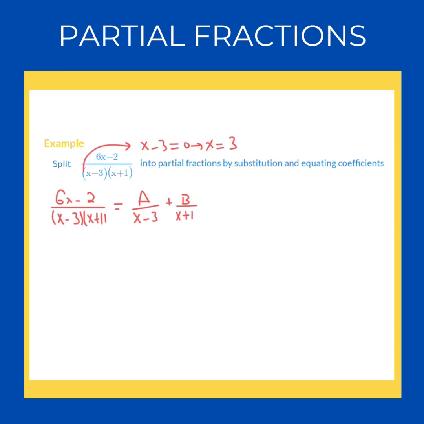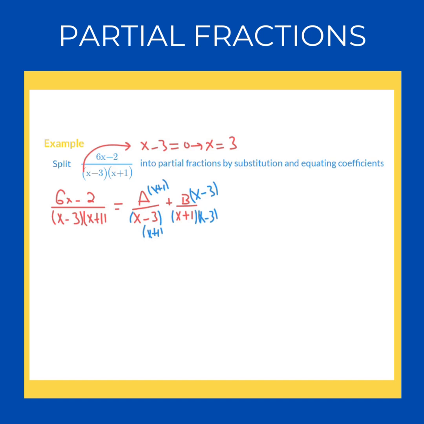I need to have a common denominator, so I'm going to multiply x minus 3 times x plus 1, and of course a times x plus 1, and x plus 1 times x minus 3, and b times x minus 3.